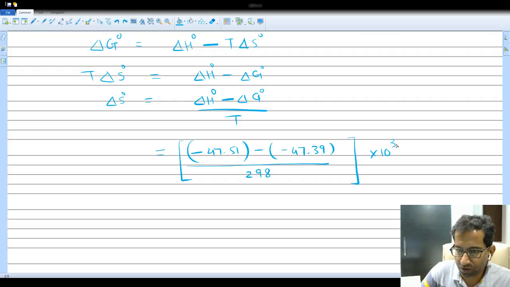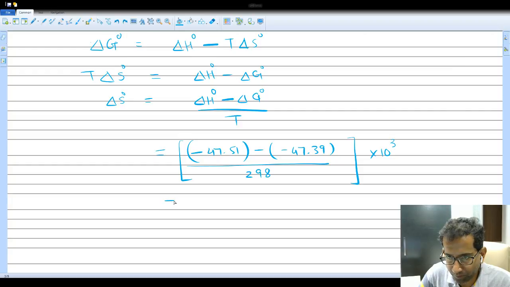Okay, so you can simplify these as minus 0.402 calorie Kelvin inverse.